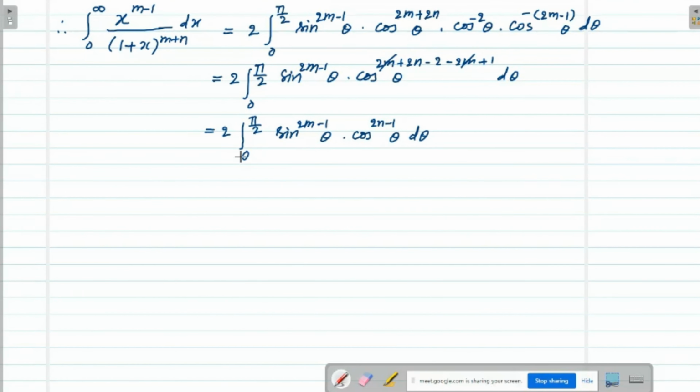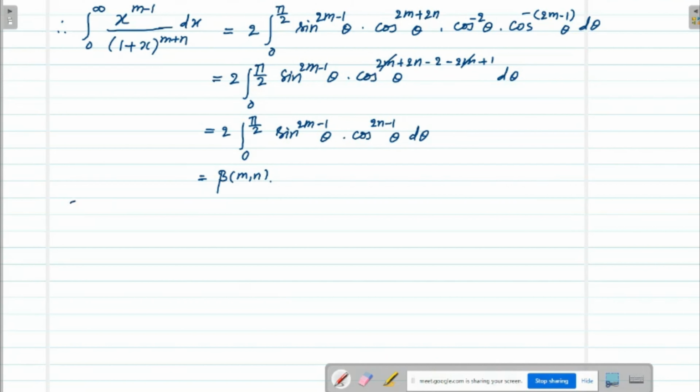But we know by the last lecture that this is simply the beta function. So we write here beta of m n. Hence proved.